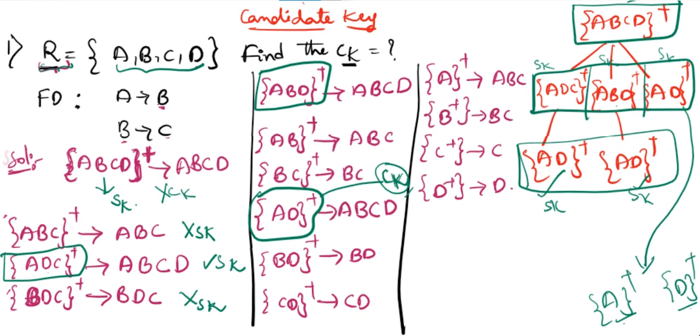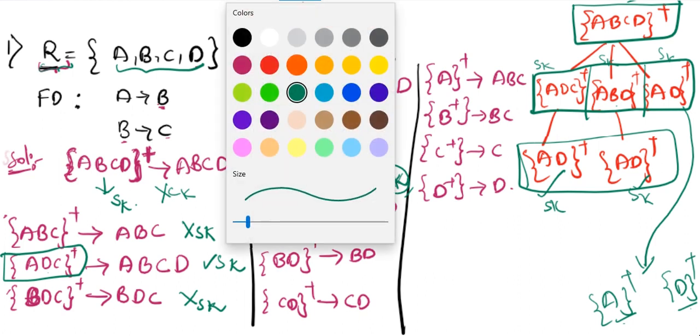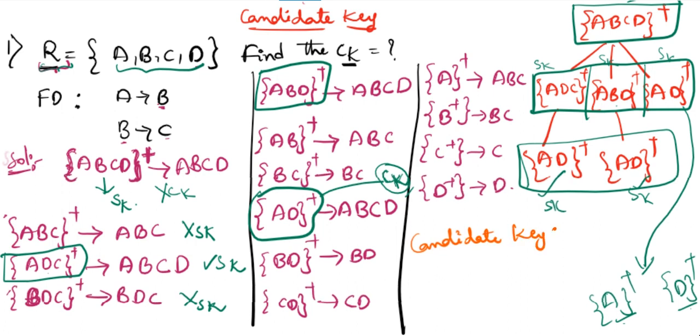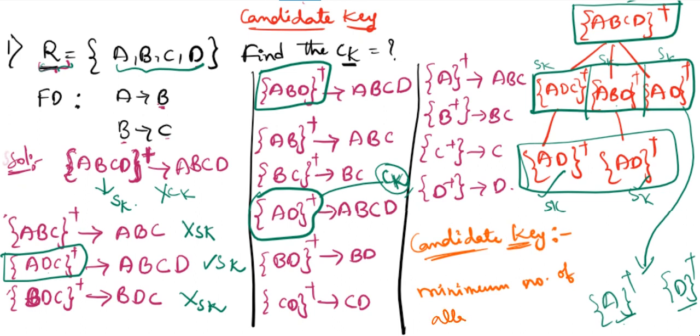And you should remember one more point: candidate key means the minimum number of attributes considered as key.